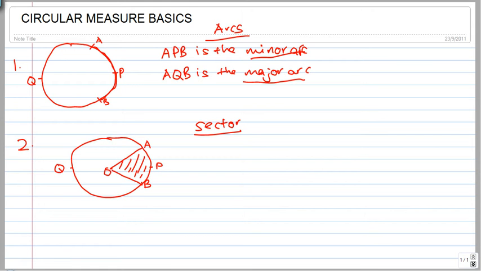So this is known as the minor sector. So we write AOBP is the minor sector.